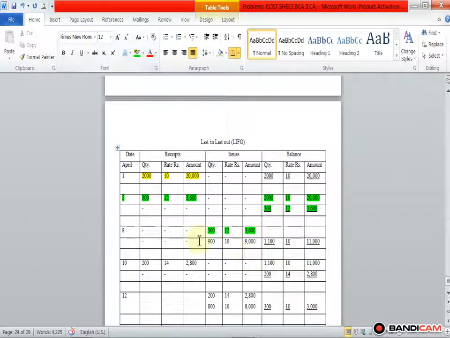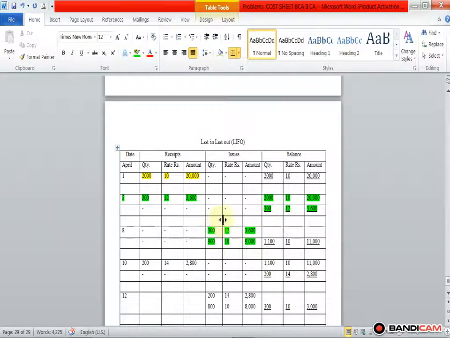So 300 is issued, remaining to issue is 900. So 900 into 10, that is 9000, material is issued from the first lot, and 300 units are issued from the last lot. So here 300 units are issued from the last lot and 900 units are issued from the first lot, that is 1200 quantity of material issued.